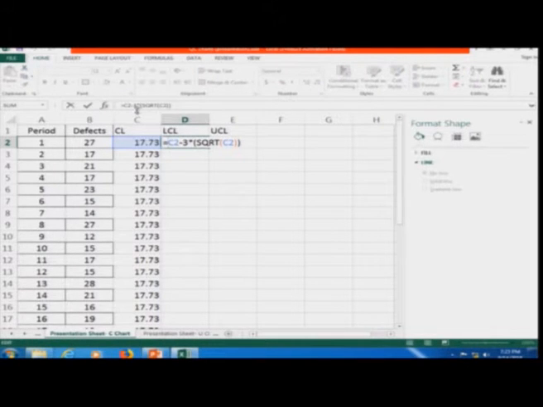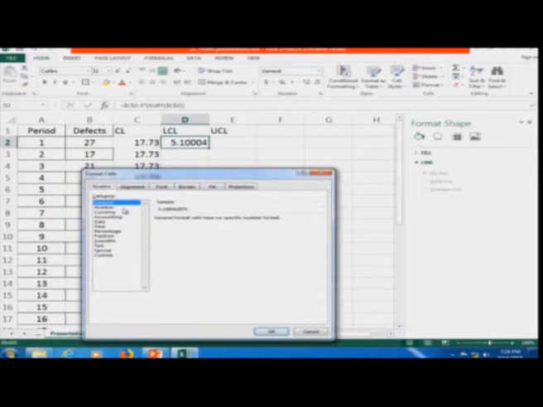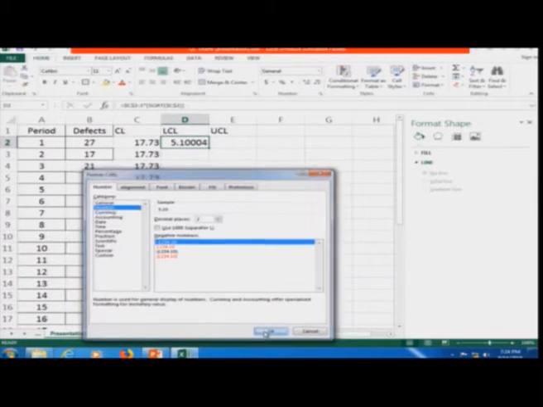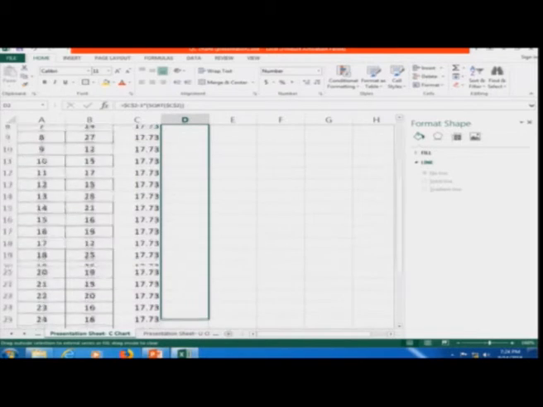So let me just put the dollar sign here. Enter, and up to 2 places of decimal. Okay, so this is my lower control limit.